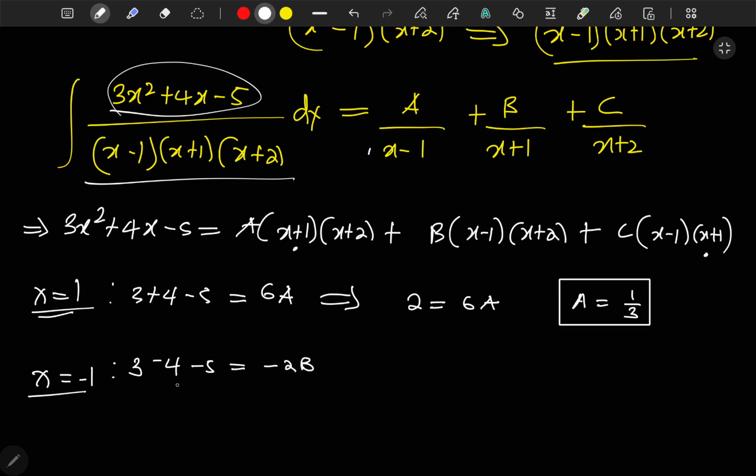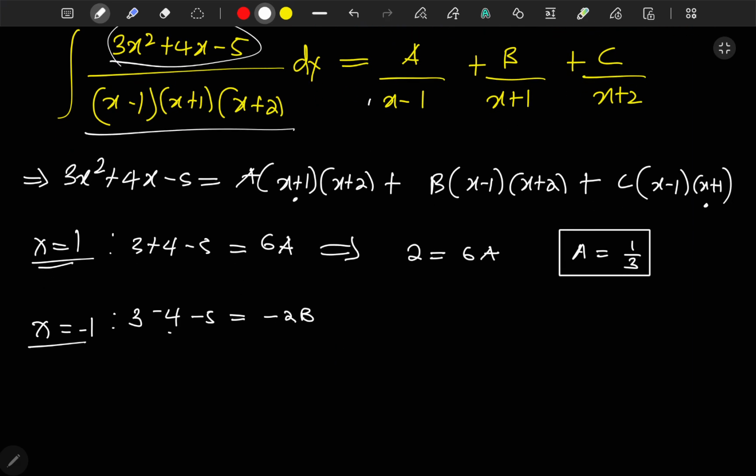And on the left, 3 minus 4 minus 5 is negative 6. So negative 6 equals negative 2B, meaning B is equal to negative 6 over negative 2. So B is 3.